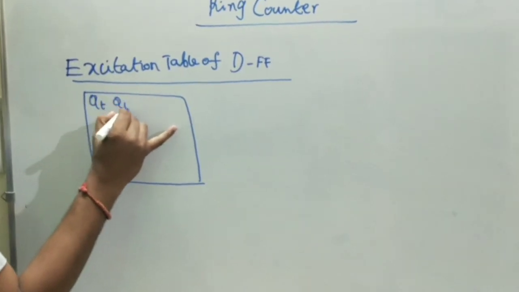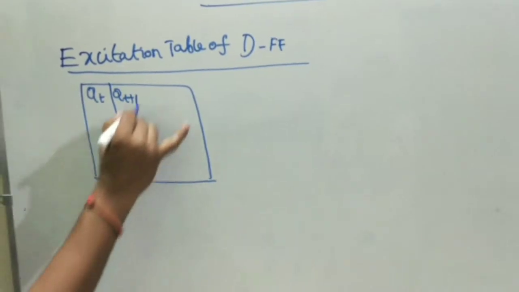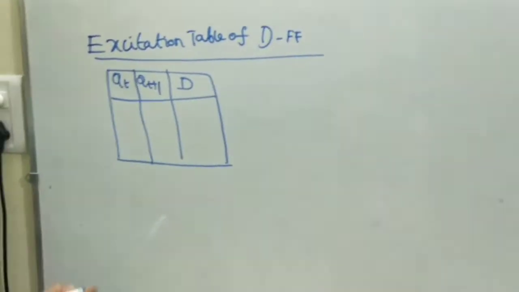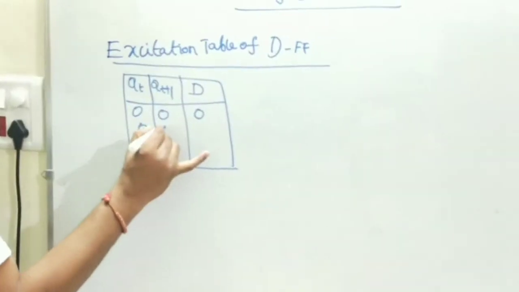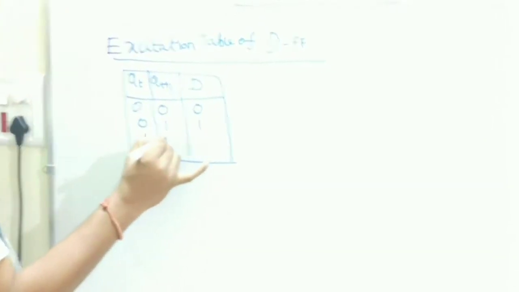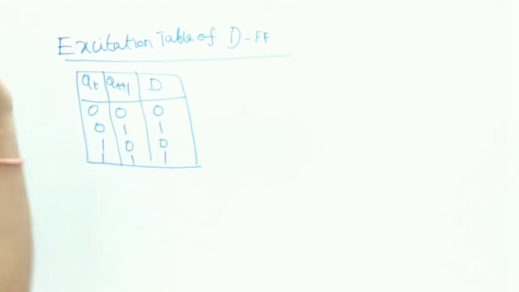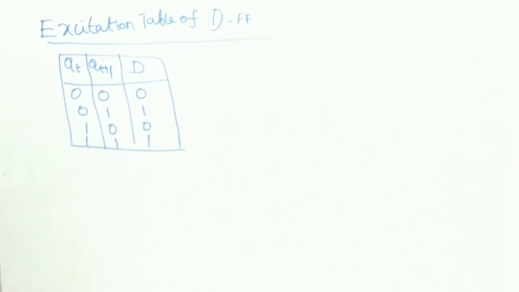Q(t) and Q(t+1), and then D: 0 0 0, 0 1 1, 1 0 0, 1 1 1. Okay, so this is the excitation table of D flip-flop.